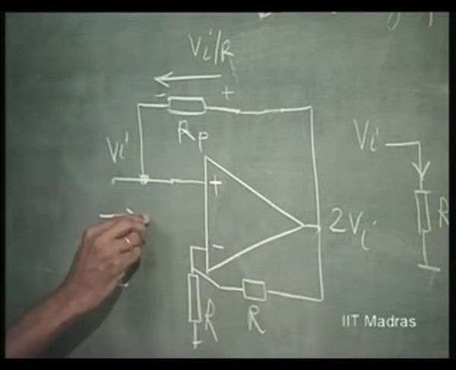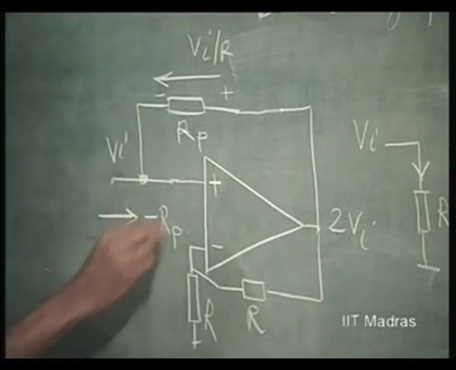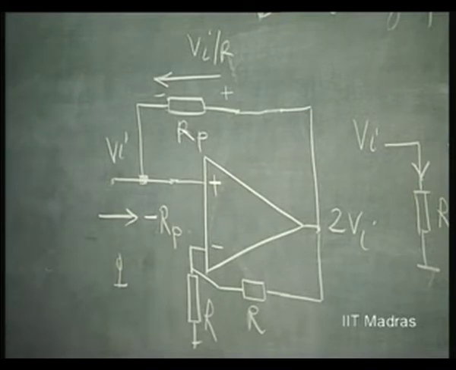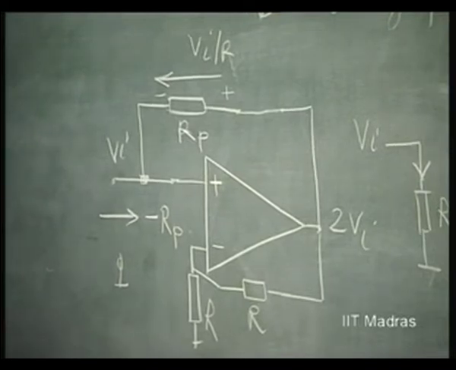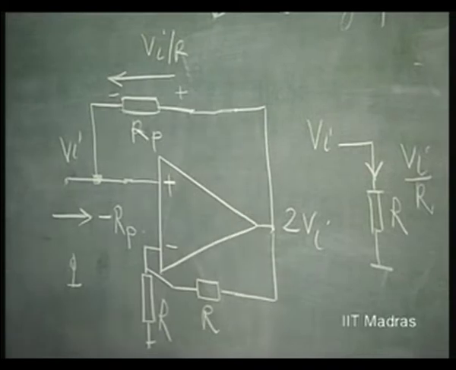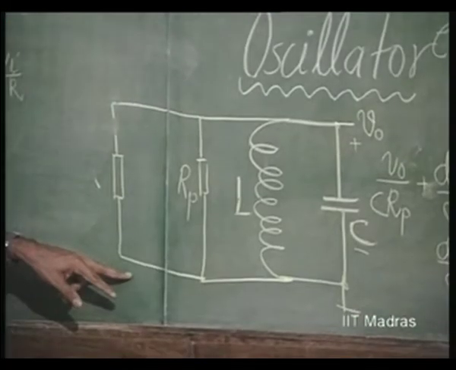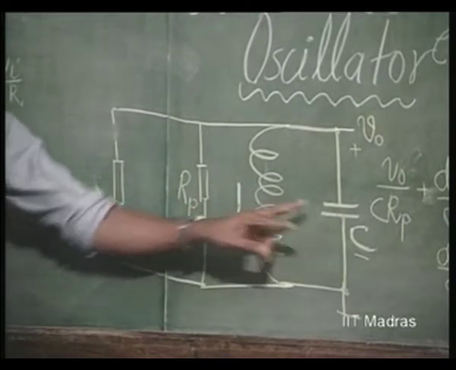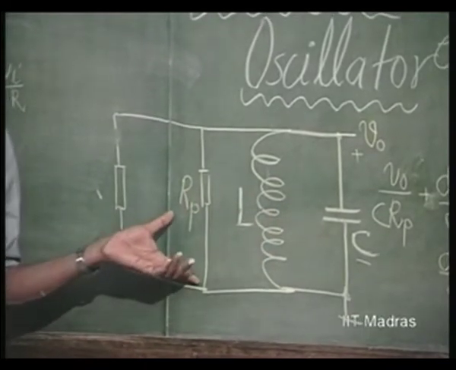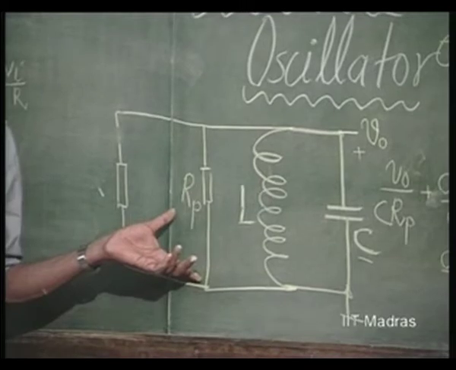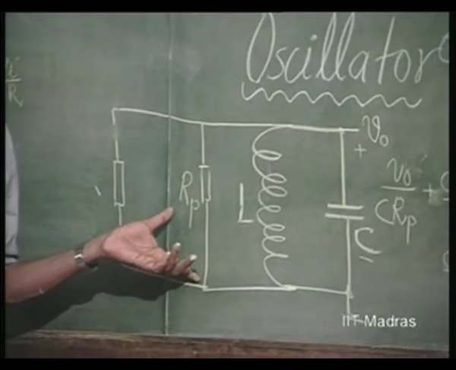This simulates a negative resistance of magnitude Rp. If I connect this circuit between this point and ground and I use a practical L and C with loss component Rp, then it will invariably go into oscillation.